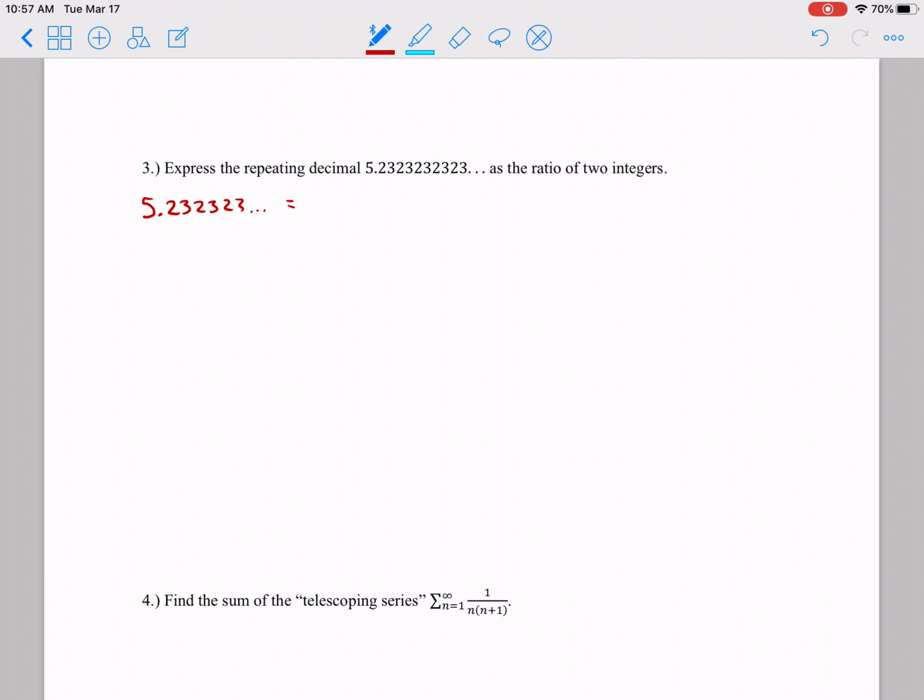We're going to say that equals 5 plus 23 1/100ths plus 23 over 100 squared, plus 23 over 100 cubed, because we're just moving back 2 decimals. Here's 23 hundredths, 23 10,000ths, and so on and so forth, just like that. Okay?